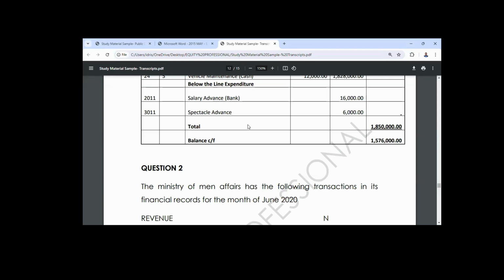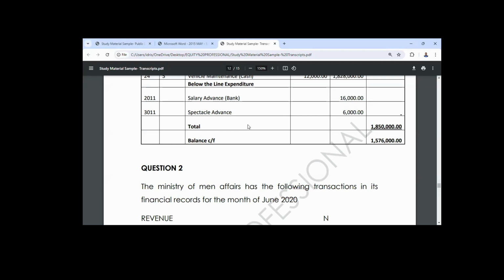If public debt did not come out in May diet, it will come out in November diet. That is number one. At least a 20-mark or 15-mark question will come out on public debt.